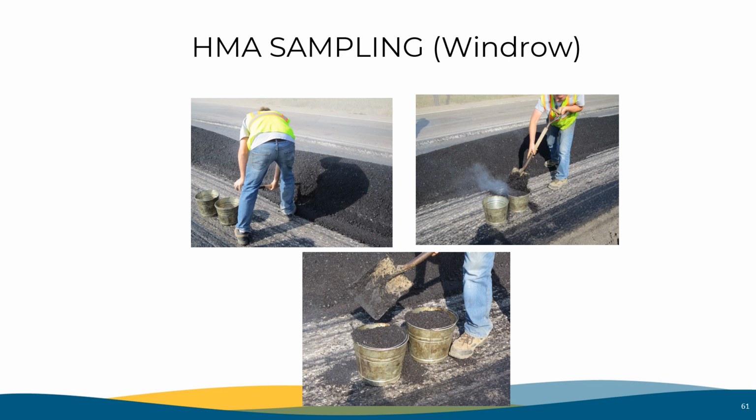This is an image of the contractor personnel taking a hot asphalt sample from the windrow with a square nose shovel and placing the sample into 2 pails. Next, you will see a video on how windrow sampling is done. Note that the material will need to be appropriately split in the lab after being obtained in the field, unless using a sample splitter on the job site.